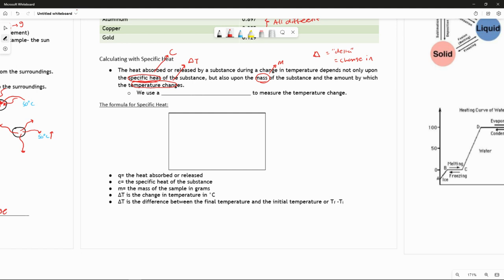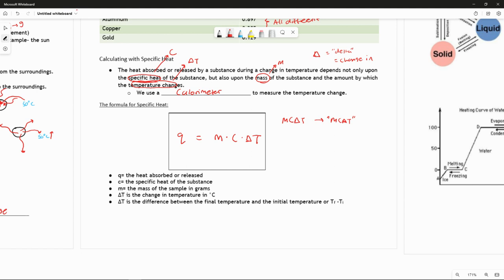We use a calorimeter to measure the temperature change. The formula for specific heat is Q equals m times C times delta T. An easy way to remember this is MCAT, which looks a lot like the actual word MCAT, so it is very easy to remember.